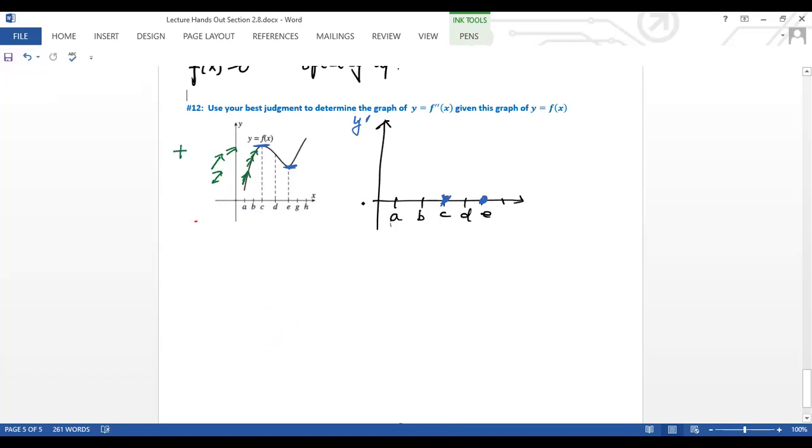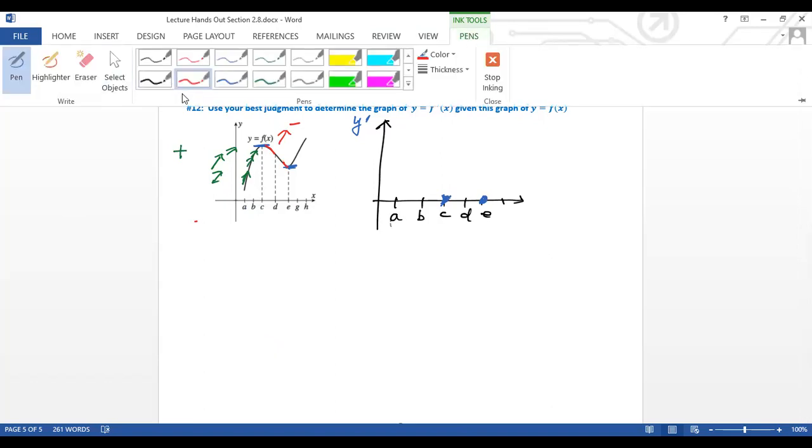Then if you take a look at the right-hand side, the tangent lines go down. So this is the negative slope, but after past D it's kind of smoothed out, right? That means the negative is getting smoothed out.